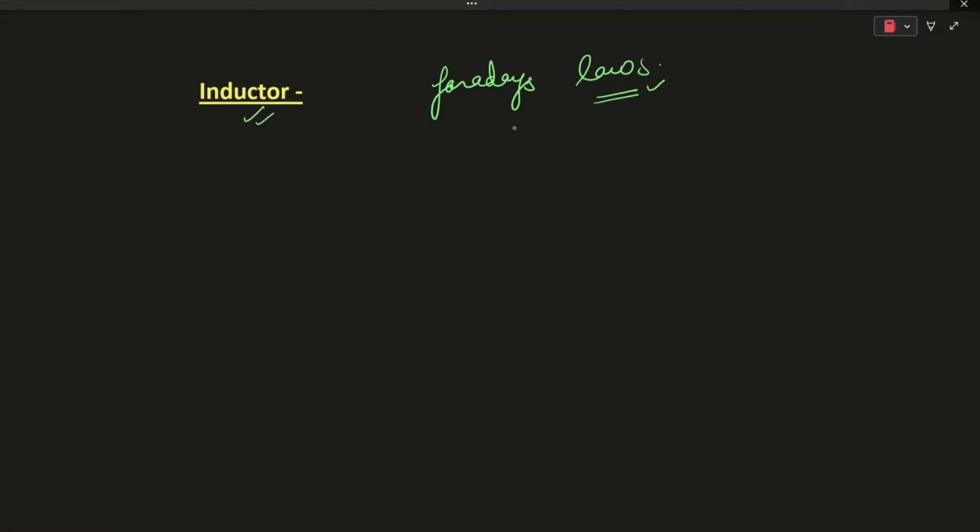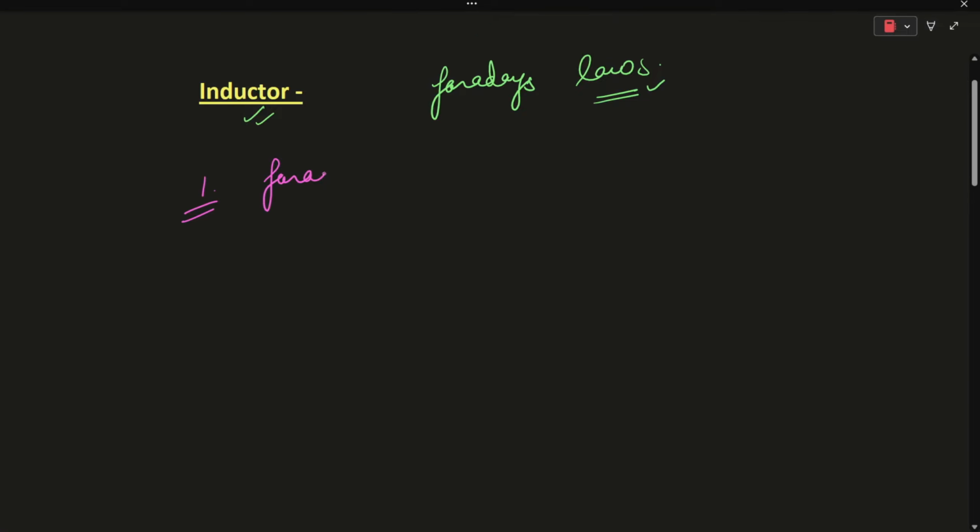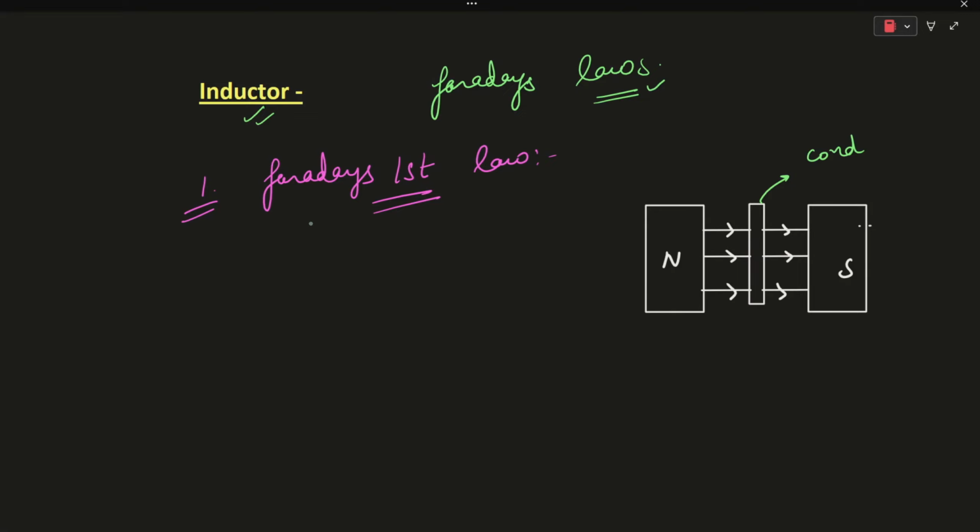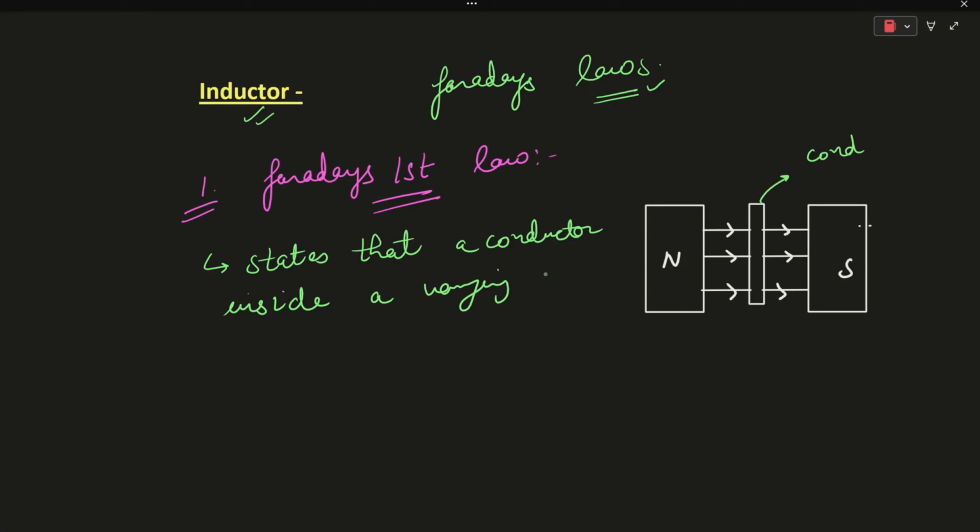Number one, Faraday's first law. This law states that whenever a conductor is placed inside an alternating, or you can say varying, magnetic field, an EMF is induced in it.